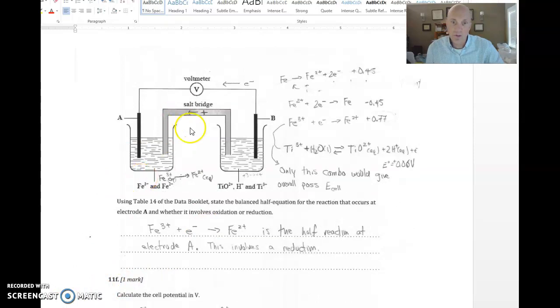All right, so in this problem, this is also fairly advanced. All right, and so essentially they're putting in some different ions into different half cells, and they're not giving you any indication about which way it would go. All right, so the way I recommend doing this is writing down these things as both a reduction and an oxidation, and then basically constructing this so that you could have some combination that would give you the most positive overall cell potential.